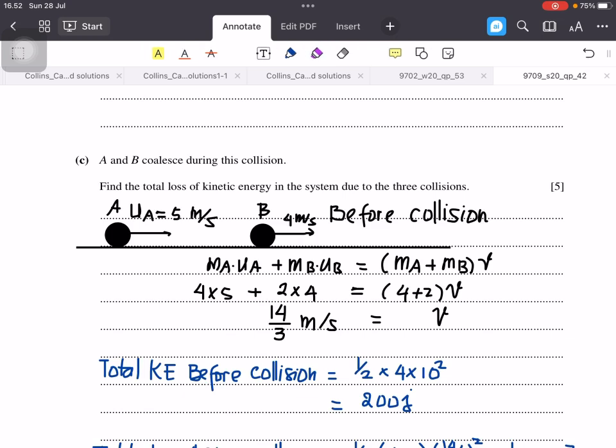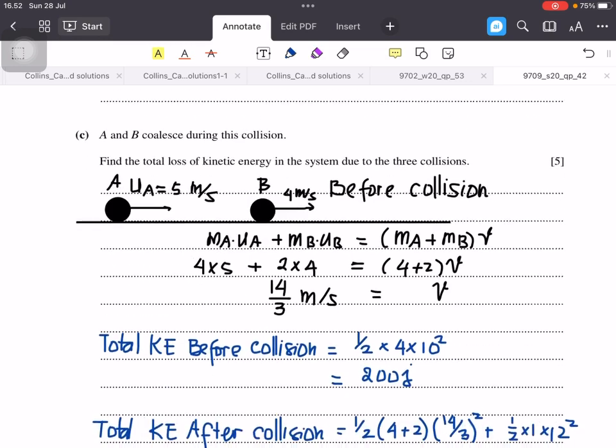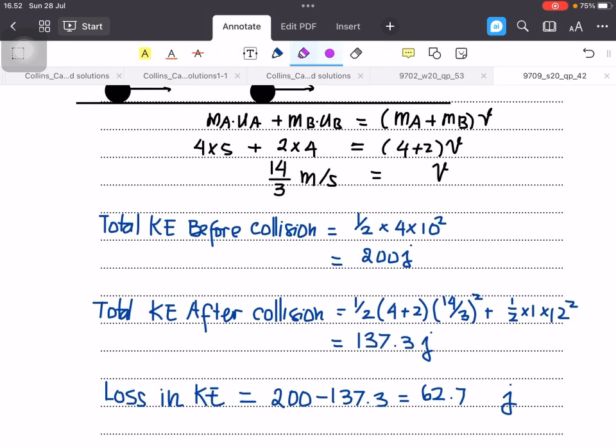To find the total loss in kinetic energy of the system, we find the total kinetic energy of the system before collision. Before collision, the only sphere that is moving is sphere A. So the kinetic energy of sphere A is half times 4 times 10 squared.